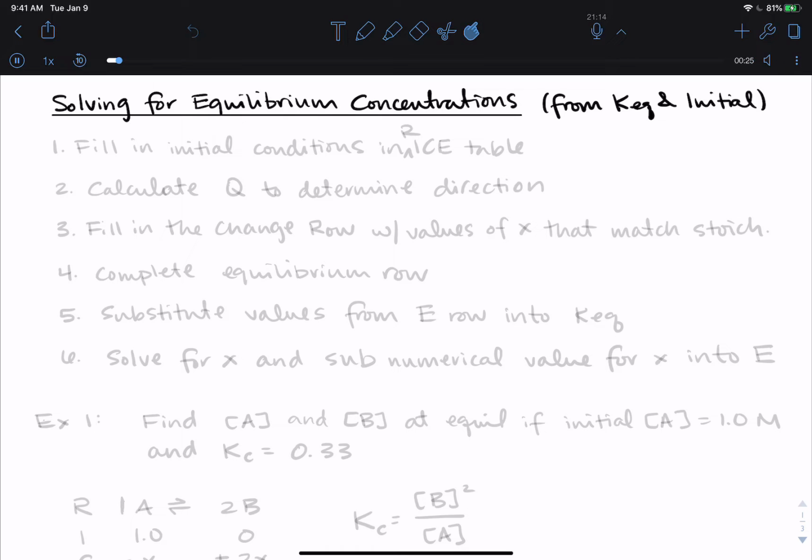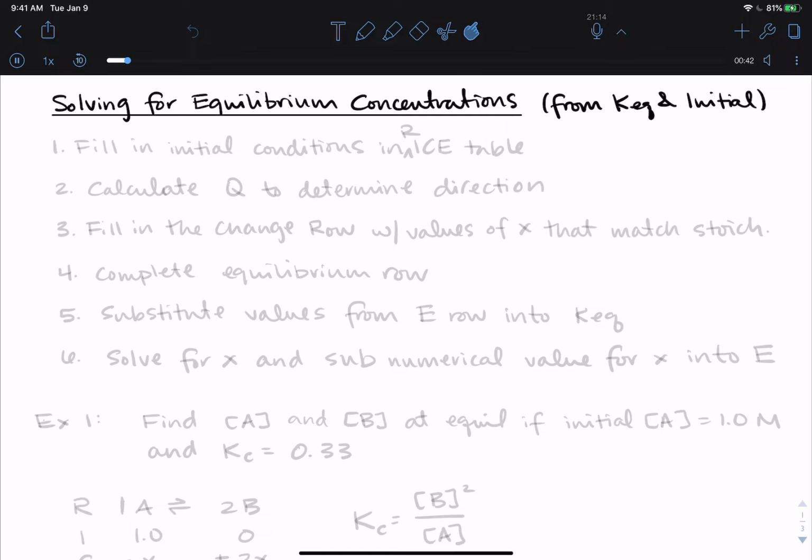Now they're going to be really similar to what we did in the earlier video in solving for the equilibrium constant, but obviously adjusted a little bit because we'll know the equilibrium constant in this case. And then we're going to do two examples.